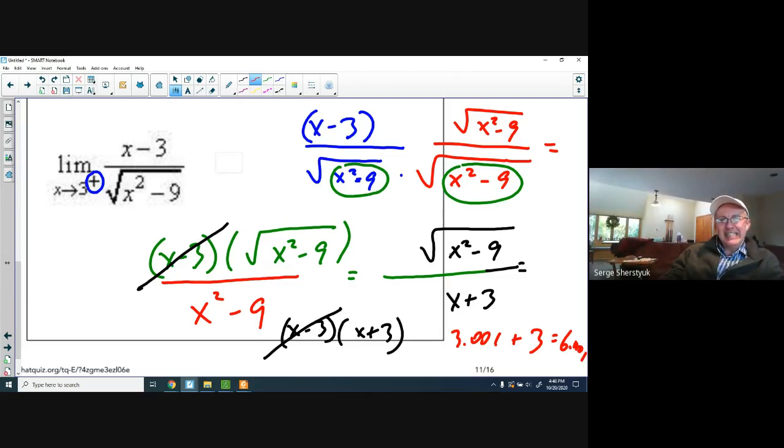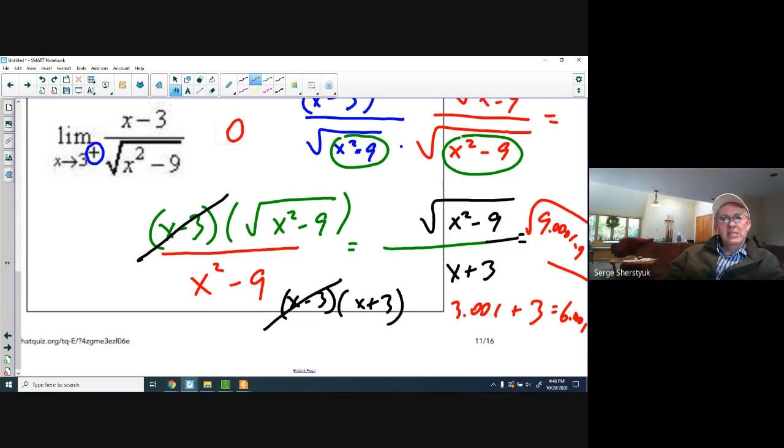Well, 3.001 times itself will be very, very close to 9. So this is going to be like 9.000 something approximate, minus 9. So this is going to be very, very close to 0. But when you take the square root of it, it still stays as 0. 0 divided by 6 is 0. I'm going to go and say 0. Yeah, that's what I'm going with.